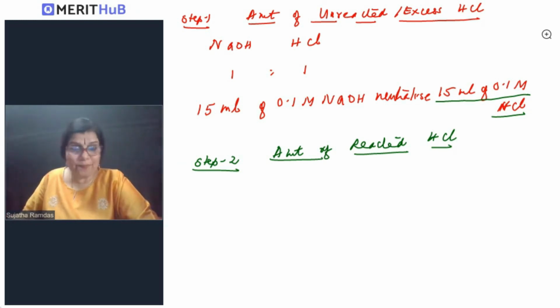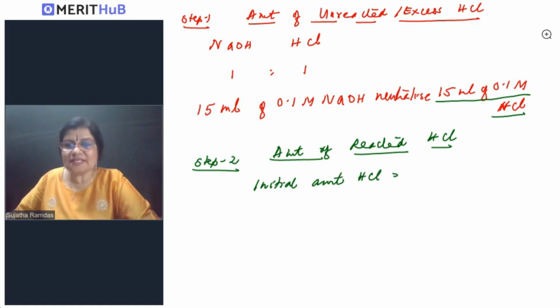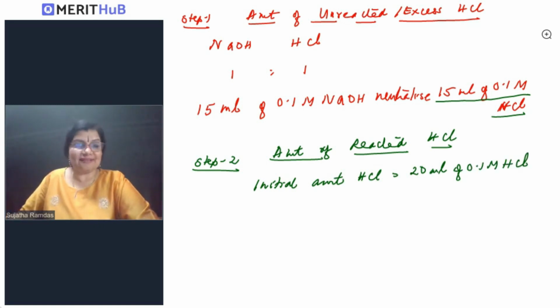So let me write this. Initial amount of hydrochloric acid was 20 milliliters of 0.1 molar hydrochloric acid. We know the amount of unreacted hydrochloric acid.